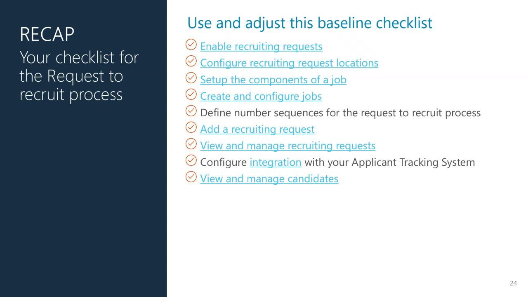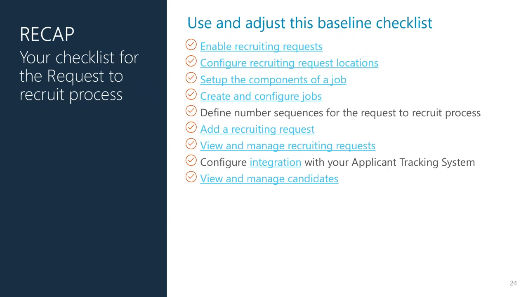After you've created those recruiting requests, you can start viewing and managing those recruiting requests in the system. So that's where you can enrich those details manually. And if you are integrating with an applicant tracking system, the integration link here will take you to the docs article that has a lot of details on how to configure and set up the queries, all of the data model, everything that we talked about today, how to get started with integrating.